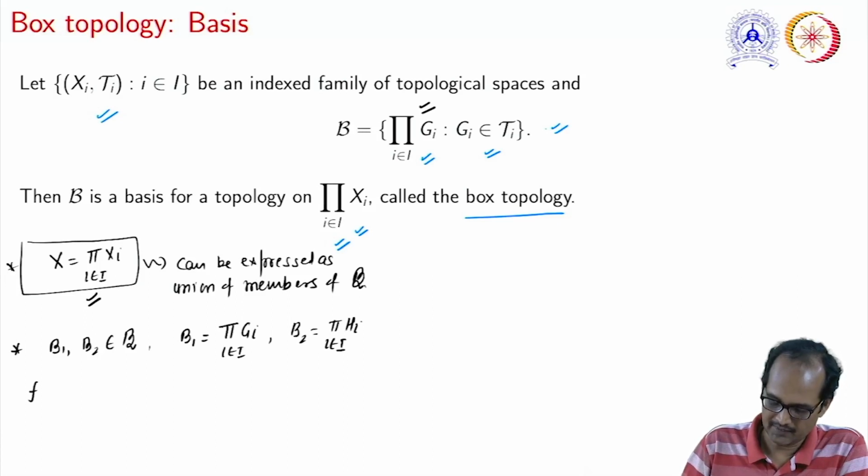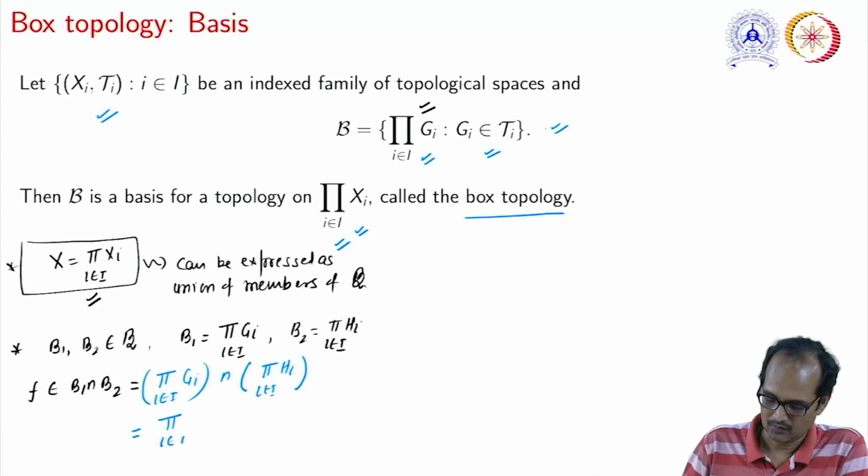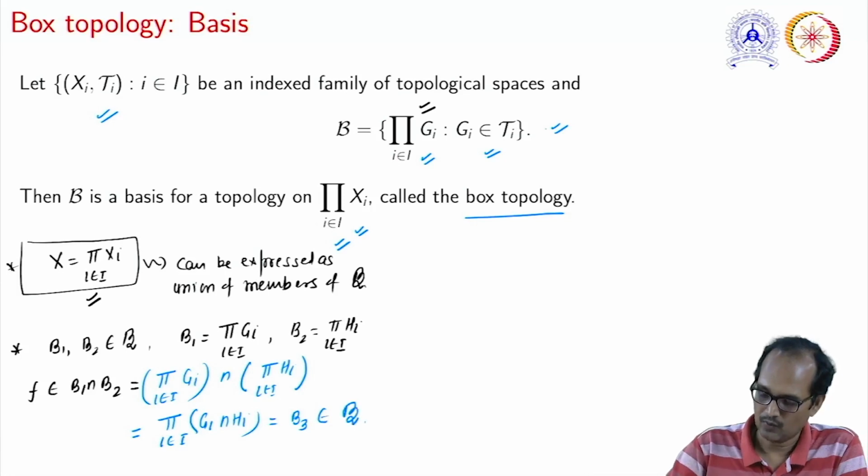If we are taking any F in B1 intersection B2, that is precisely the intersection of the product of Gi, i belongs to I, with the product of Hi, i belongs to I, and this is nothing but the product of Gi intersection Hi, i belongs to I. And note that if we take this as B3, this B3 will also belong to B. Why?